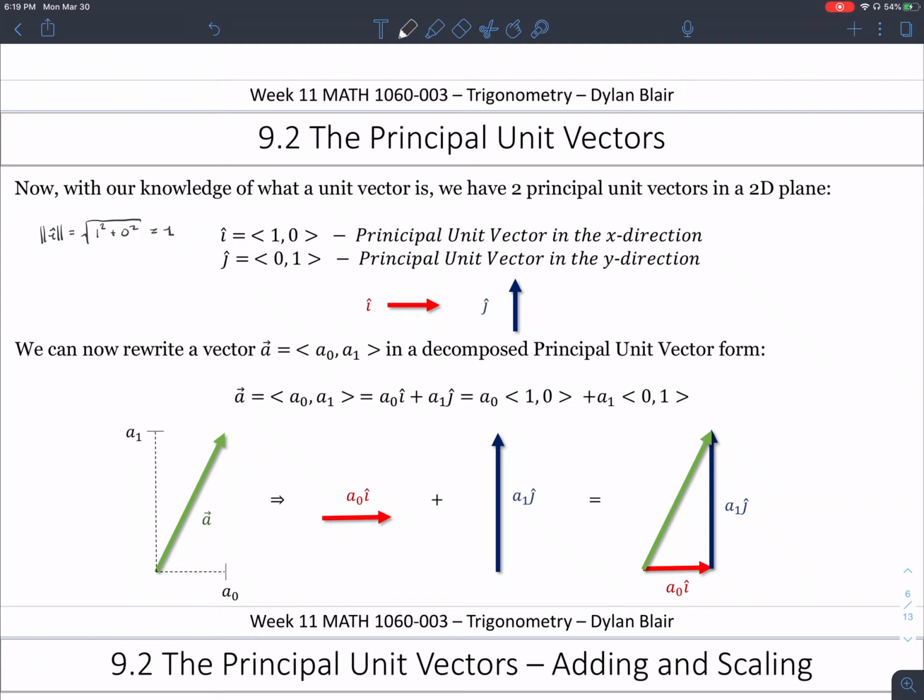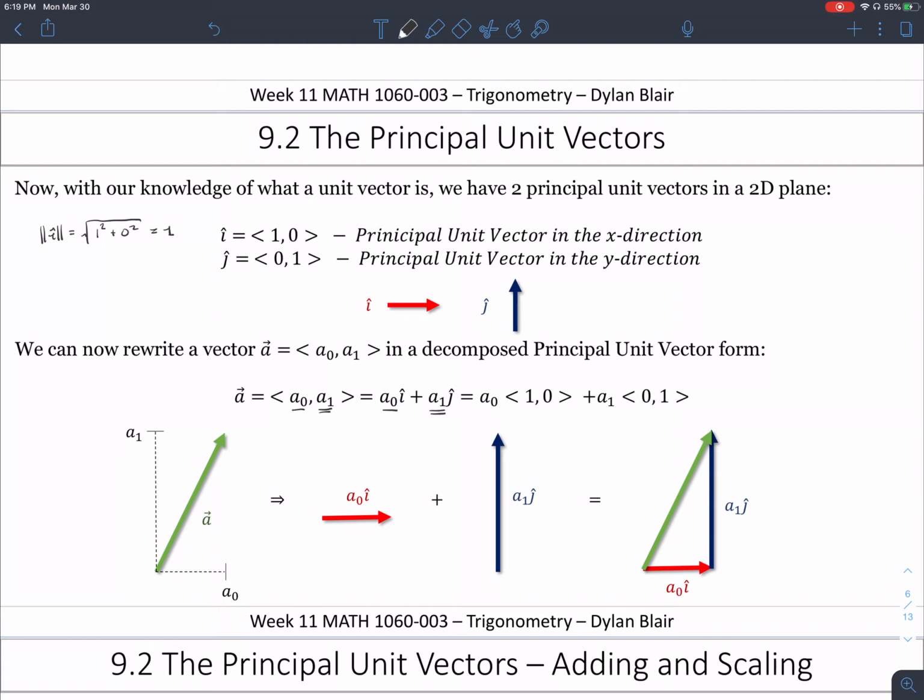Okay. So now, how we can use these principal unit vectors is we can rewrite our base vector notation into a decomposed principal unit vector notation. So our vector A that has A naught and A1, we can say that this is A naught scaling our principal unit vector in the i direction, plus A1 scaling our principal unit vector in the j direction.